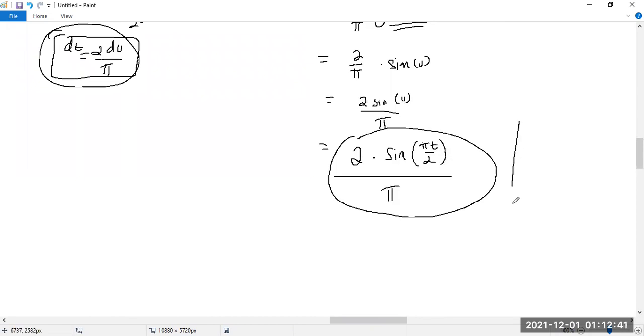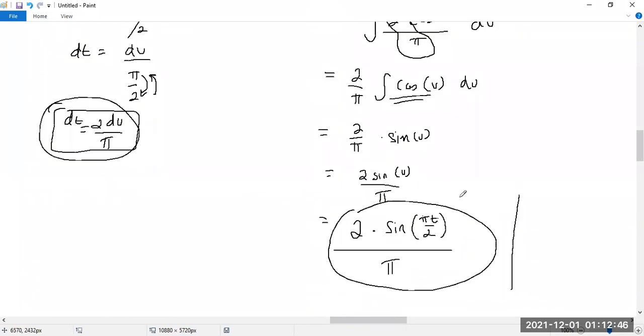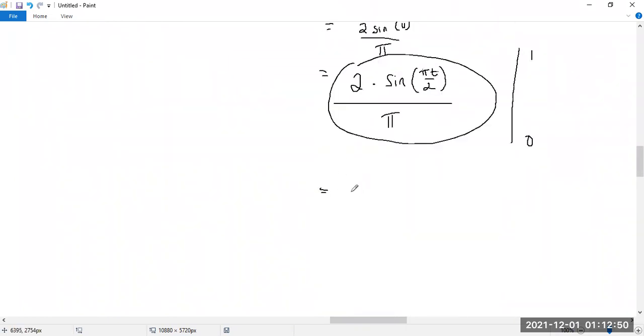And then of course this is evaluated from 0 to 1. So that would essentially be 2 sine of pi over 2 times 1, times 1 over pi.